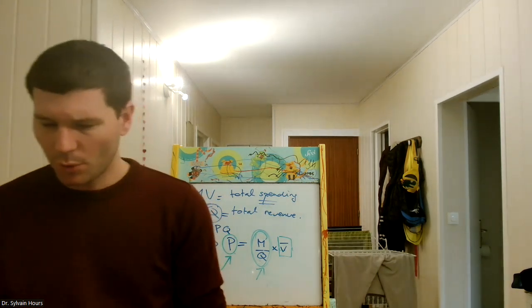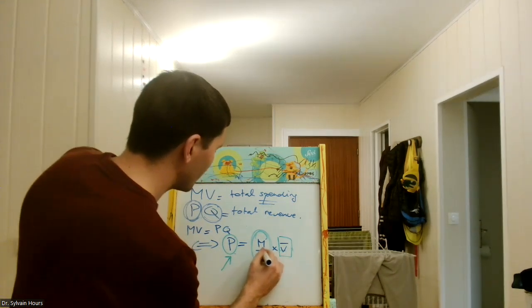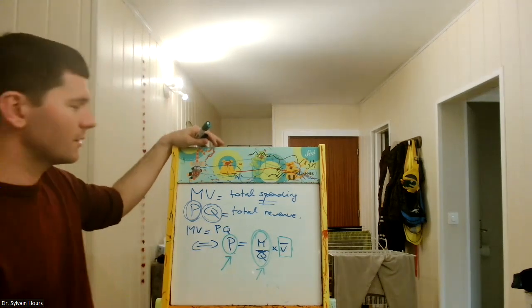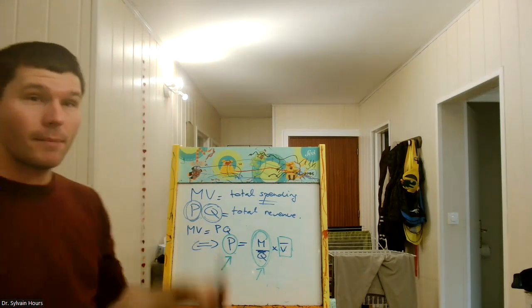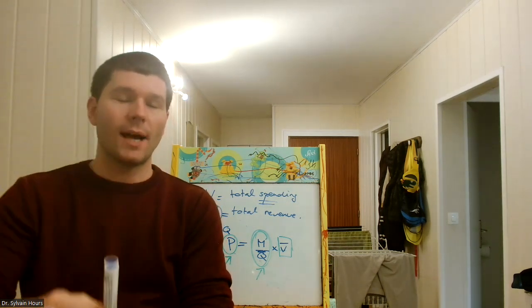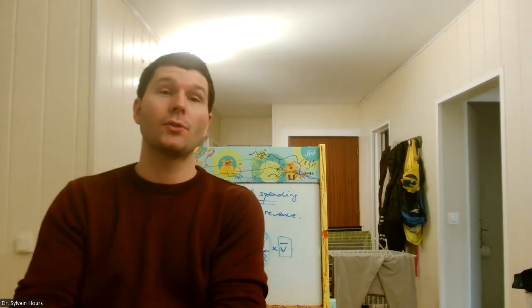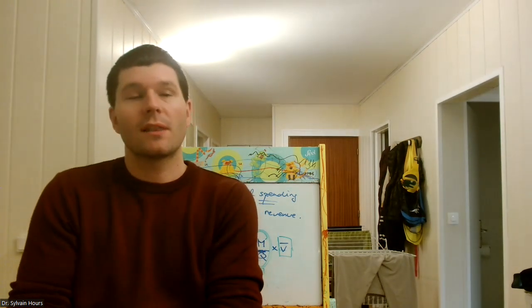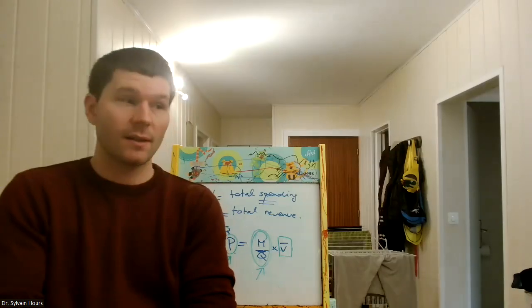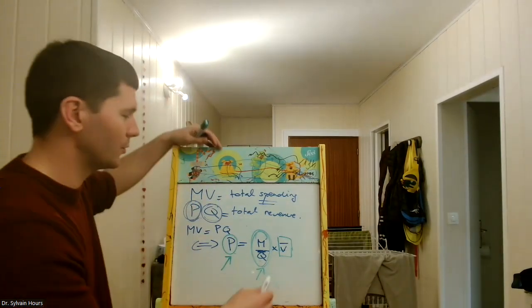In some textbooks, in some references, they even say that Q is regarded as constant, because if you remember, in the long run, aggregate supply, sorry, according to the monetarist, is vertical, okay? Which means that according to the monetarist, we always produce the same output in the long run, so the output does not change.